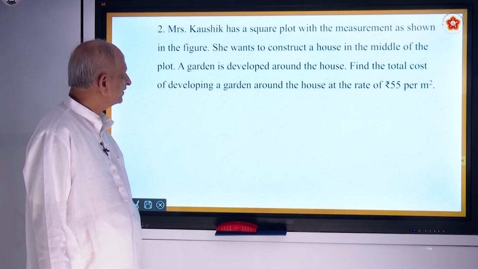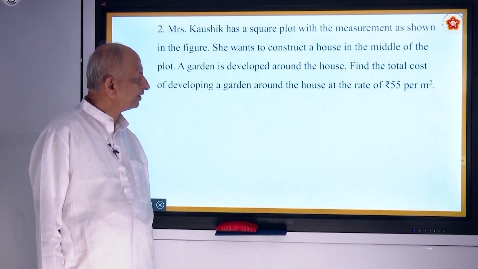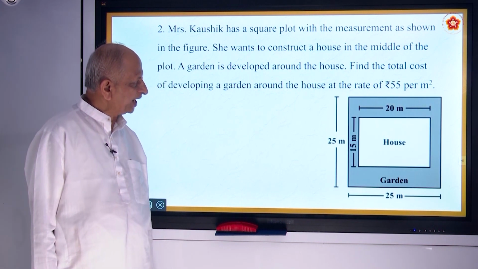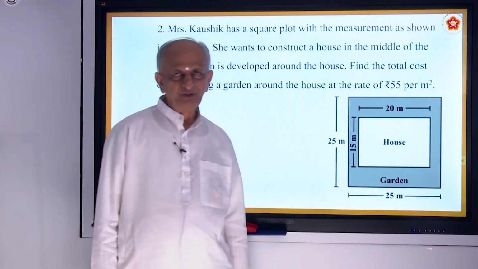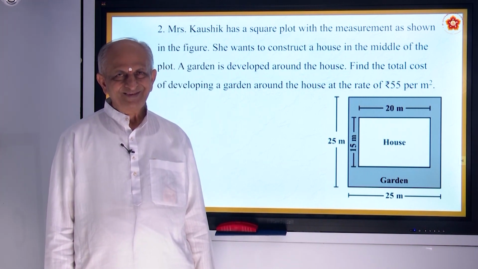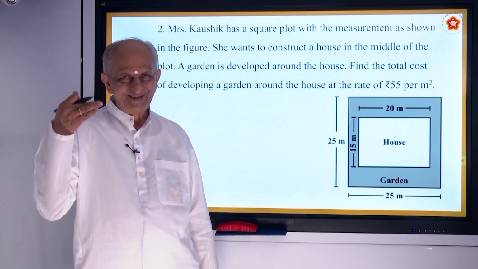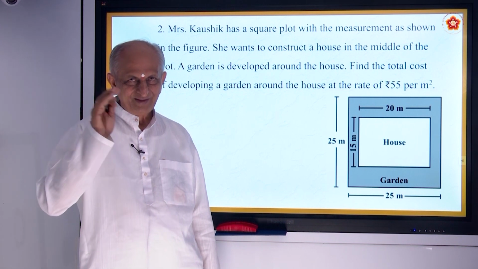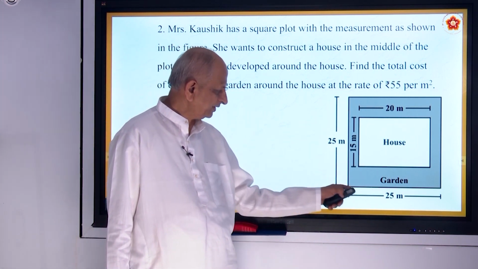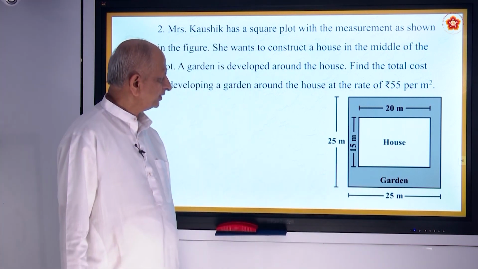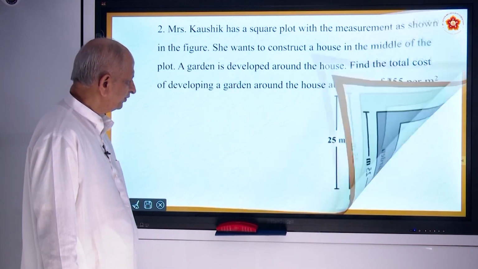So Mrs. Kaushik has a square plot with a measurement as shown. So this is a square plot. What is the area of this square? Yes, come on. Length into length, or side into side, right? So here, breadth is 25, length is 25. So area becomes 25 square.